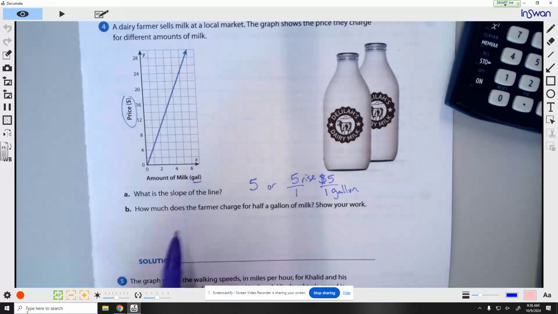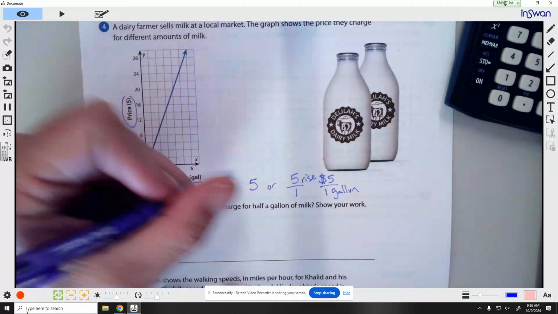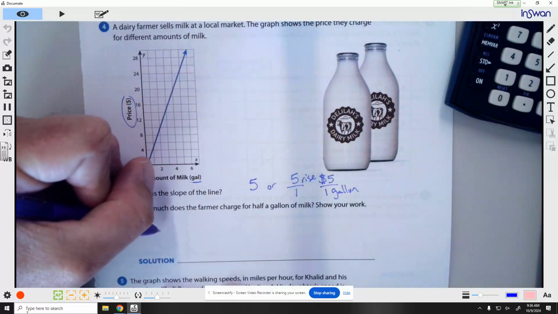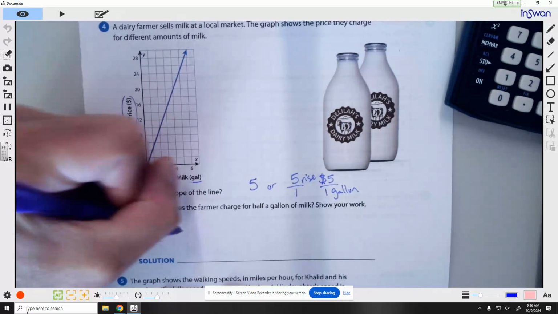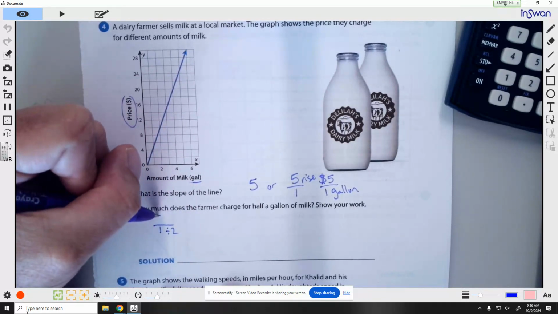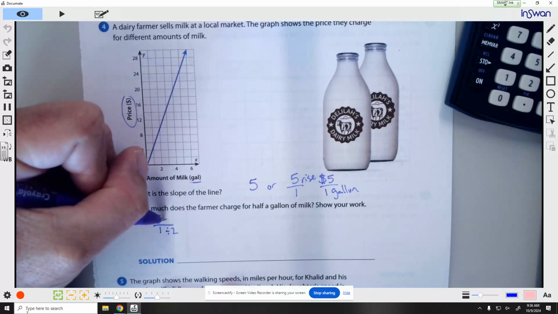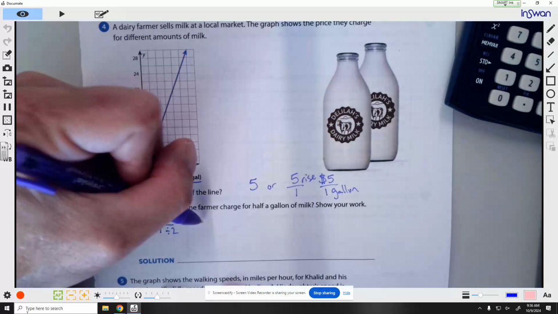Okay, so if we keep cost consistent, how much would he charge for a half gallon of milk? Well, to get 1 gallon, we would have to divide it by 2 to equal the half gallon, which means I'd have to come up here to the $5 and divide that by 2 to equal what a half gallon would be.